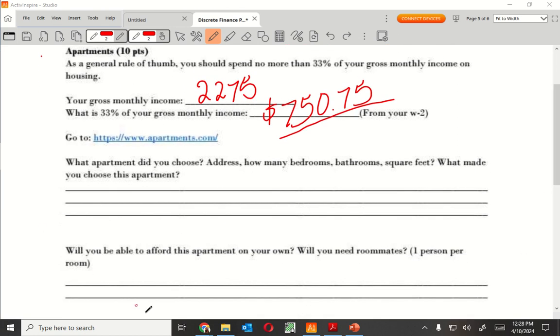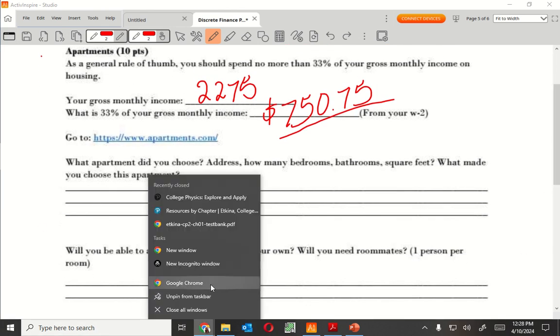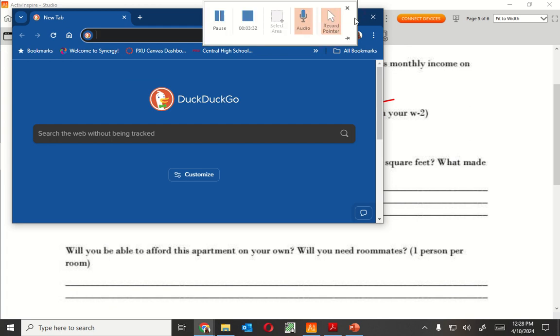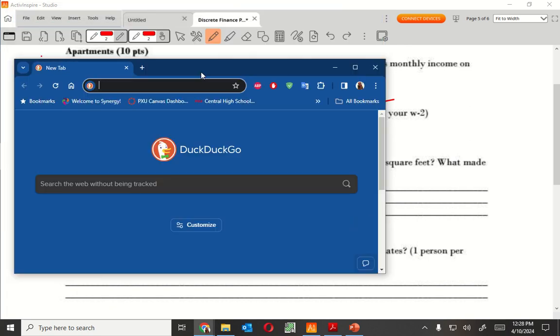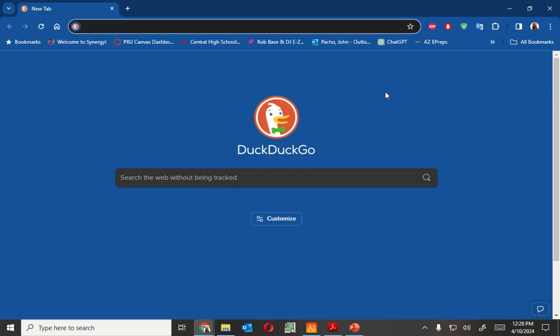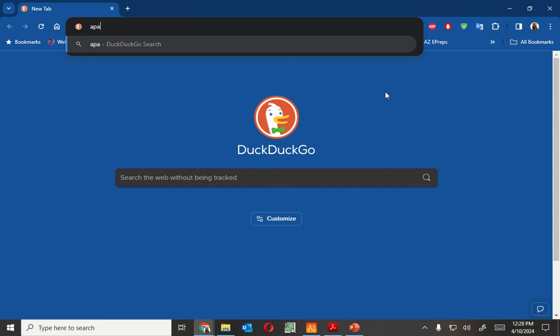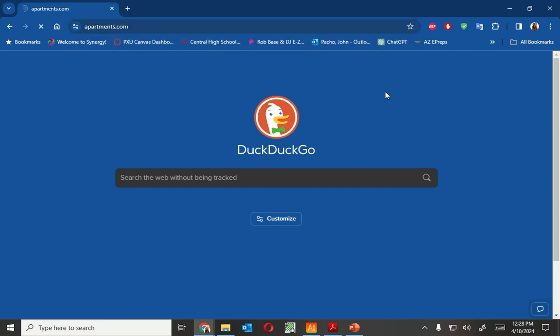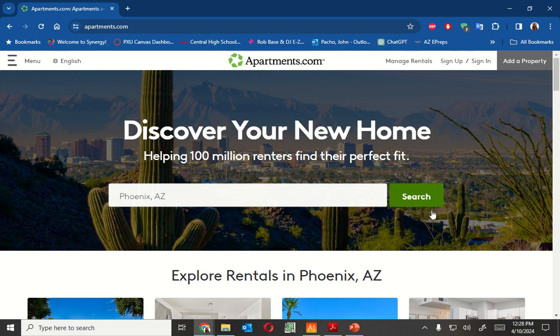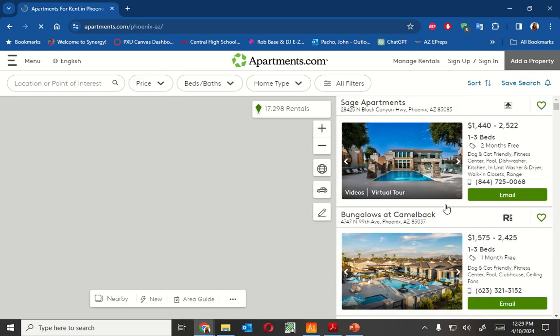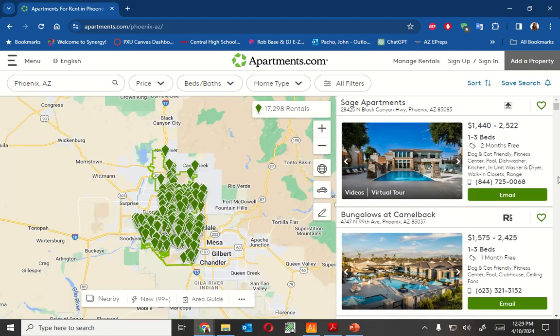Did you find housing in like Russia? You'd have to fly to work. Phoenix, Arizona. Search.